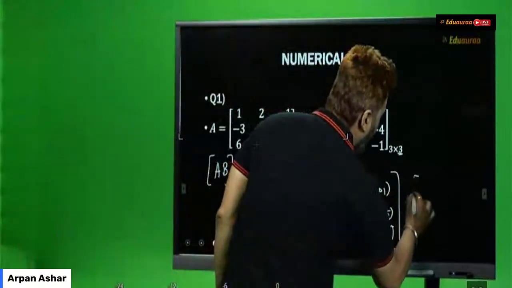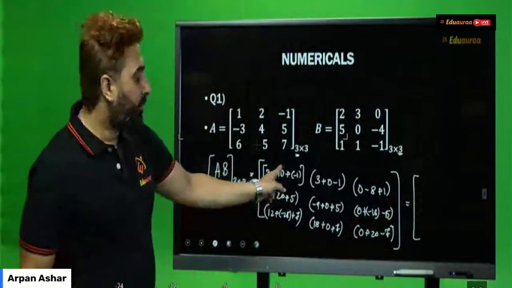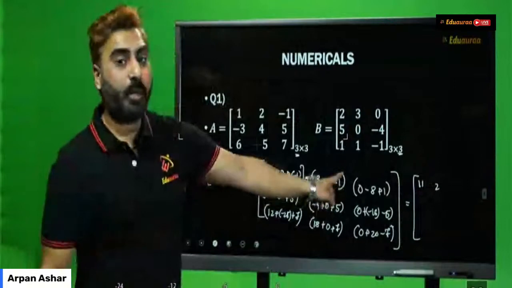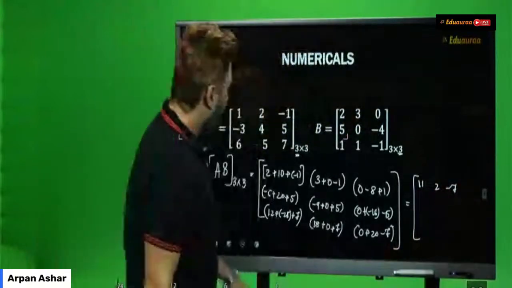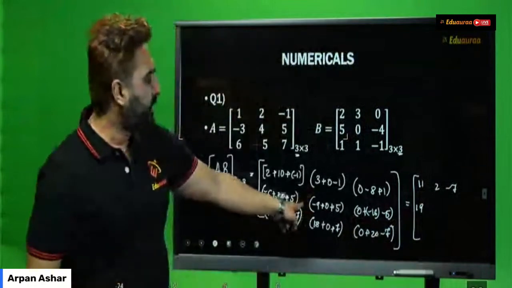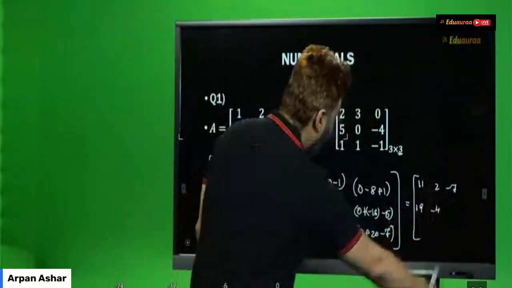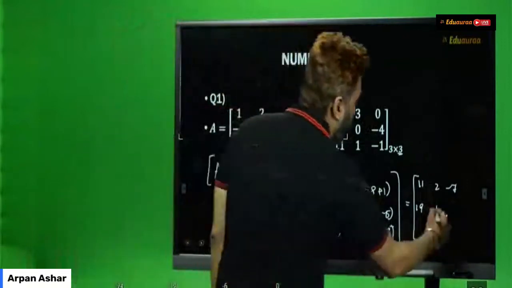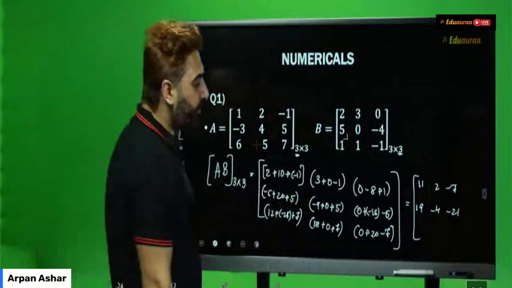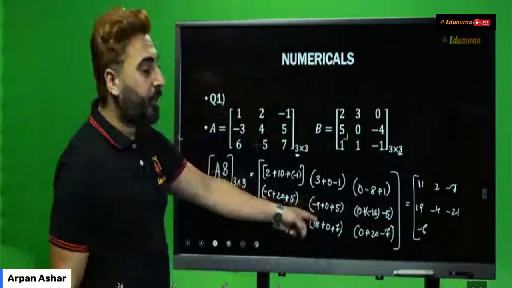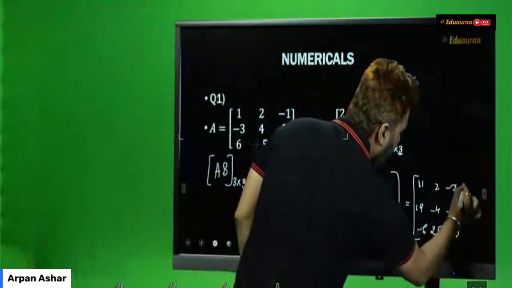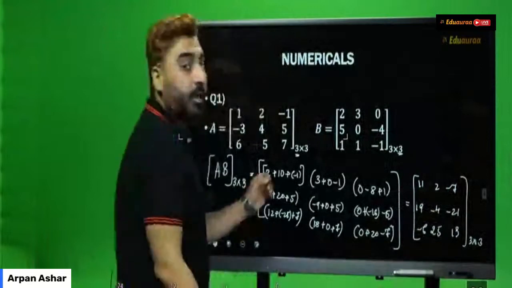So यहाँ पे नया matrix जो form हुआ AB, वो क्या हुआ? 2 plus 10, 12 minus 1, 11. 3 plus 0 minus 1, 2. 0 minus 8 plus 1, -7. -6 plus 20 plus 5, 25 minus 6 क्या आएगा? 19. -9 plus 0 plus 5, -4. 0 minus 16 minus 5, -21. 12 minus 25 plus 7, that is 12 plus 7 gives us 19, and 19 minus 25, -6. 18 plus 0 plus 7, 25, and 0 plus 20 minus 7 is 13. And this is how we find matrix multiplication.